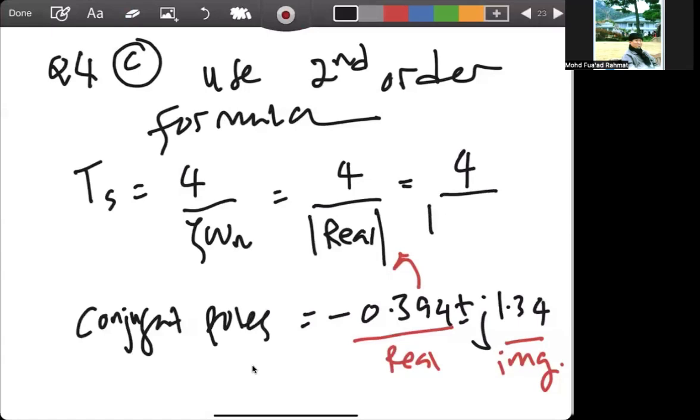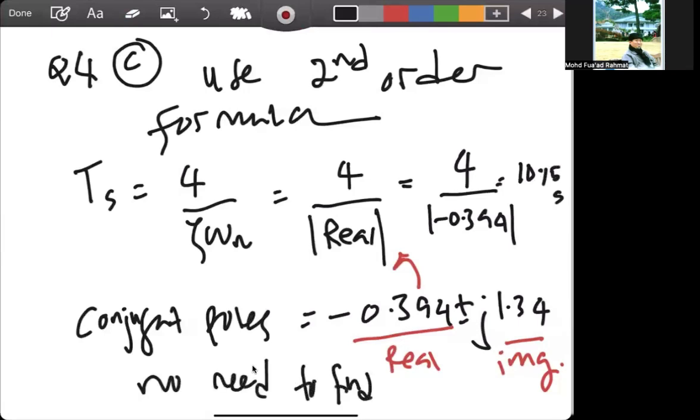Okay, so you will get the value of 10.15 seconds. Okay, so no need to find zeta and omega n. No need. You just take the real part of the complex conjugate pole.